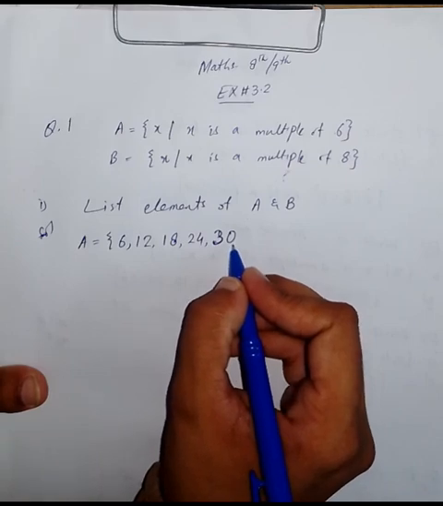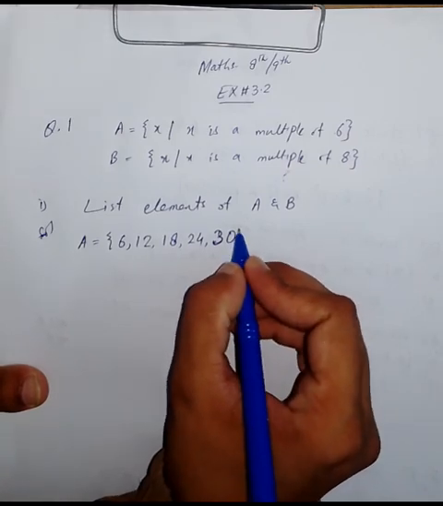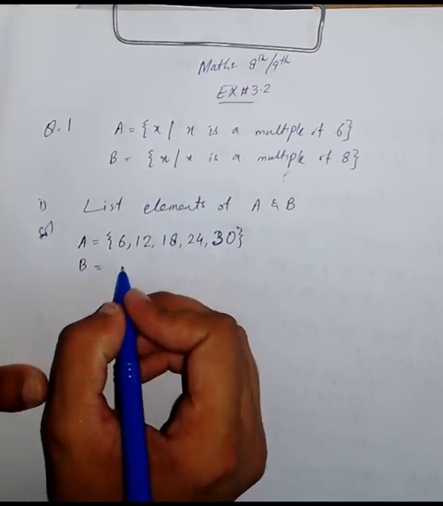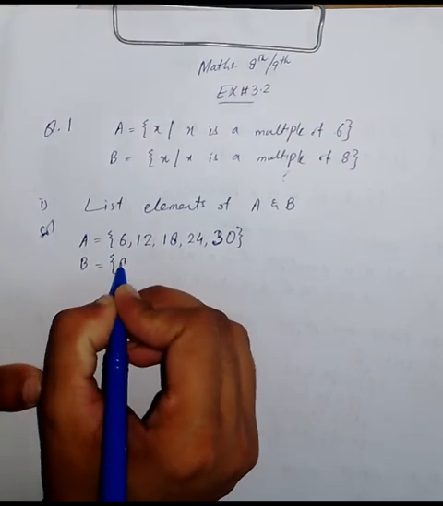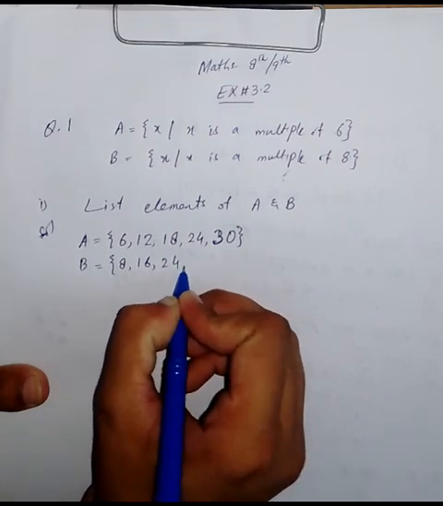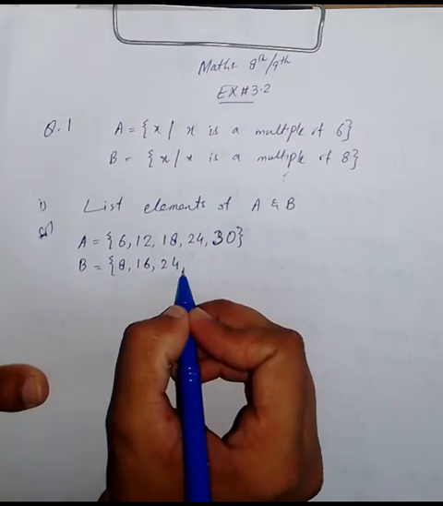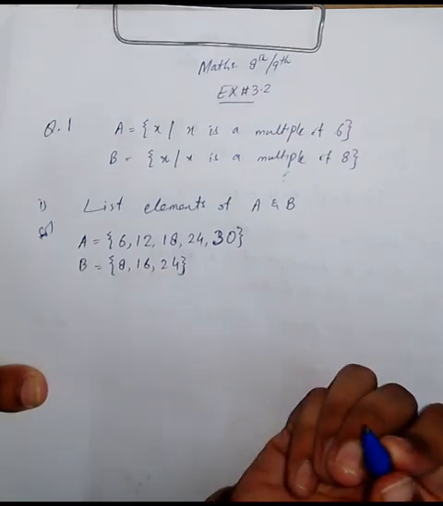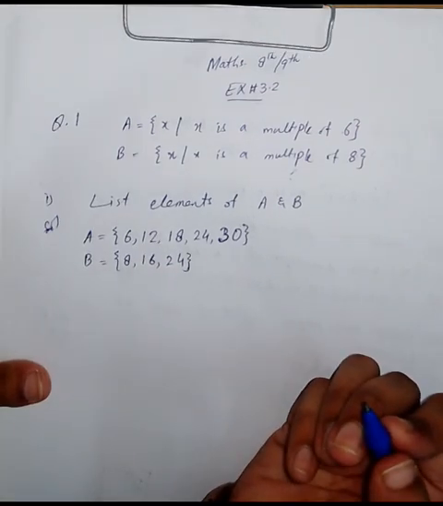It can't exceed 30. So this is the set A. Similarly, B, multiples of 8 till 30. 8 1s are 8, 8 2s are 16, 8 3s are 24, and 8 4s are 32. That is greater than 30, so you will stop here. This is the first part.